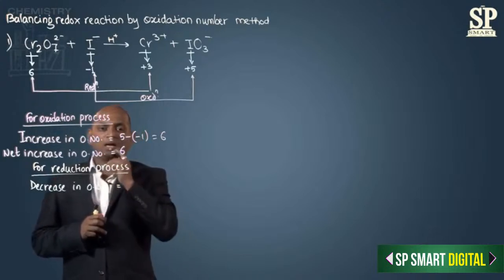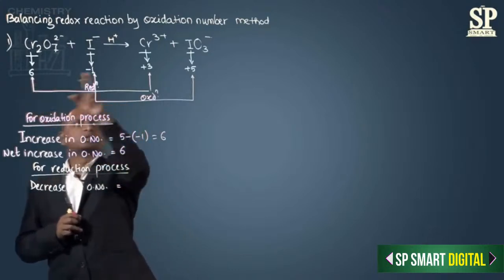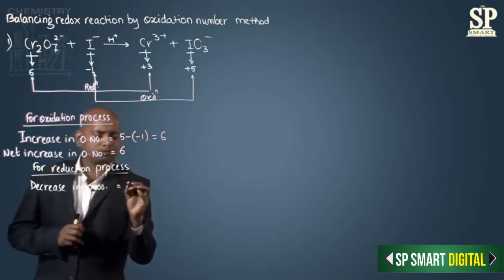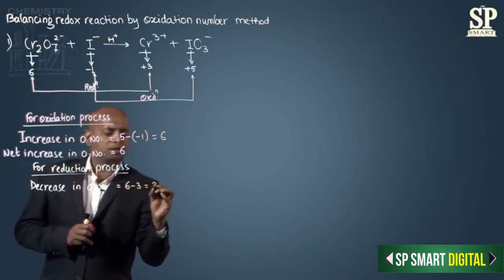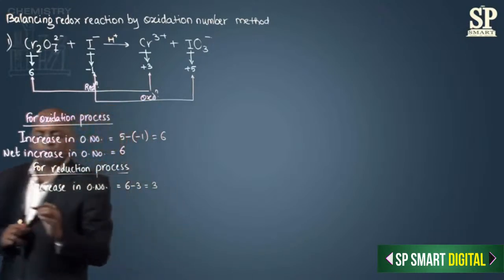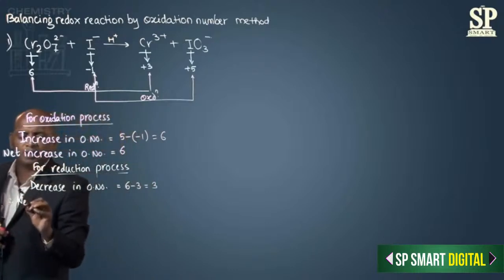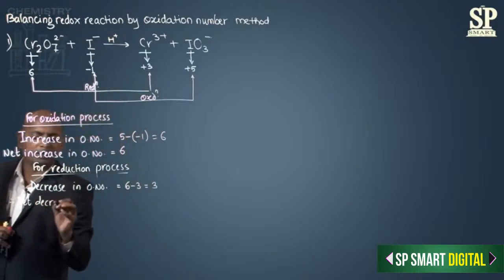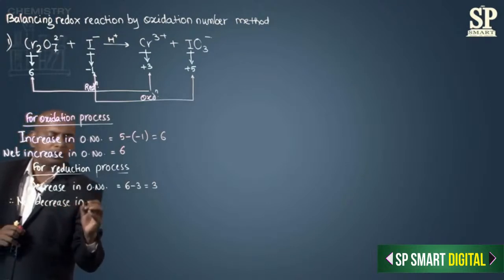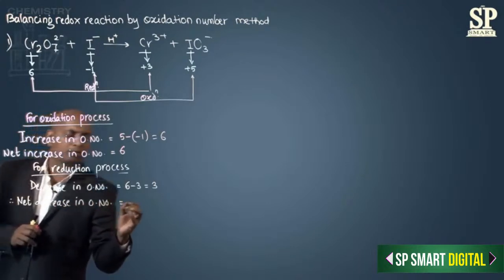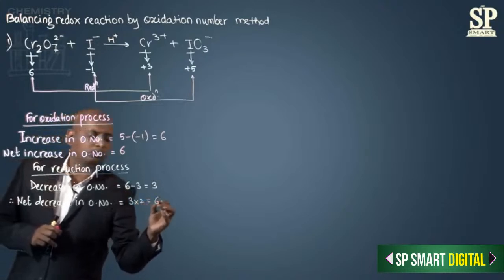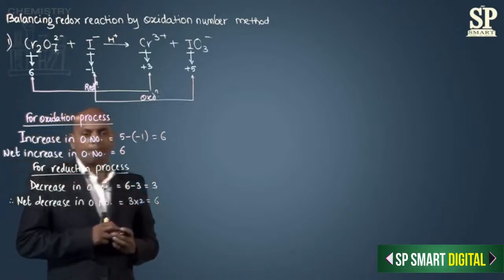So I am considering 6 minus 3, that is 3. So what is the net decrease in oxidation number? That is 3 into 2, 6.